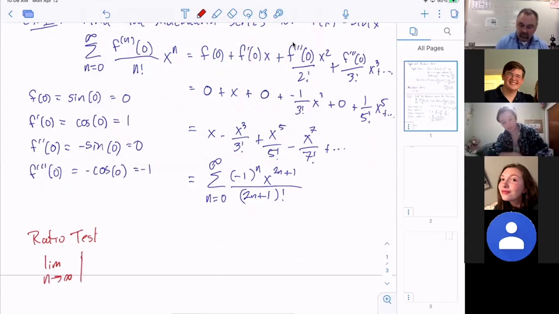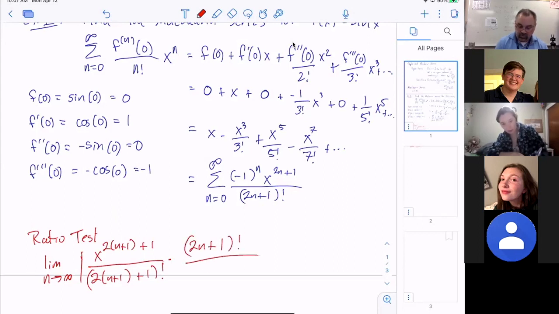The n plus 1th term: x to the 2n plus 1 plus 1 over 2n plus 1 plus 1 factorial, times 2n plus 1 factorial over x to the 2n plus 1.